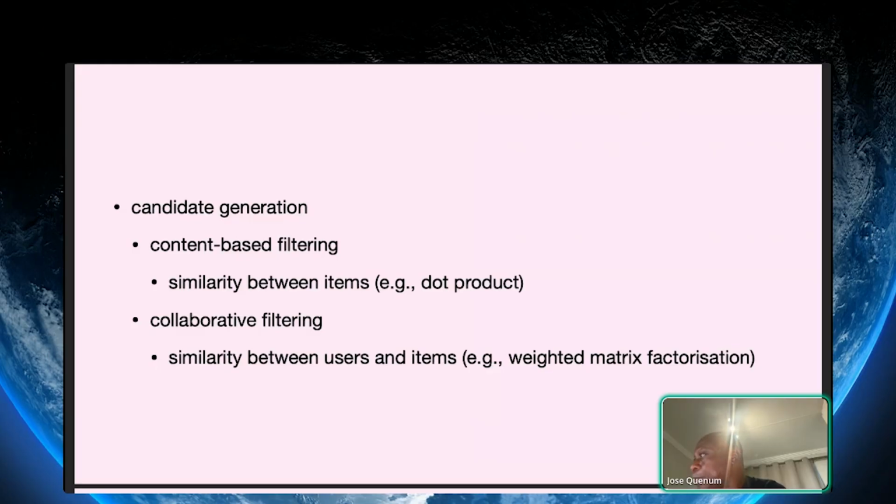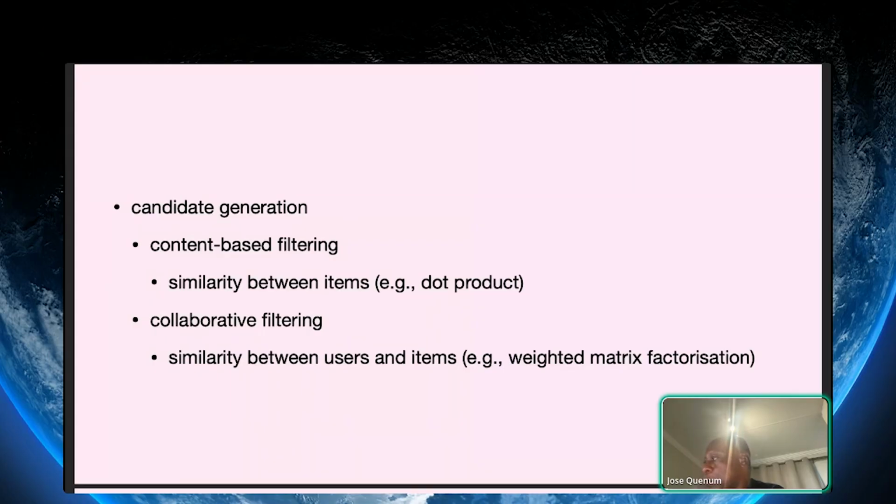You can just do a dot product and find the similarity, and based on that, recommend new items for the user. The other common approach is collaborative filtering, where you look at the similarity between other users and items, and then recommend an item based on what other similar users have liked.